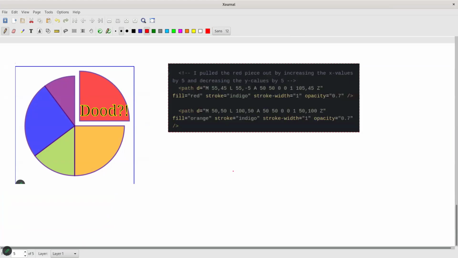Okay, what do we got? Let's get a highlighter out. So I have a path, and the path moves to the point 50, 45. And I guess I should have grabbed the other part of the code to grasp where that is.